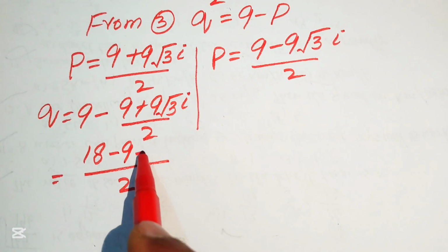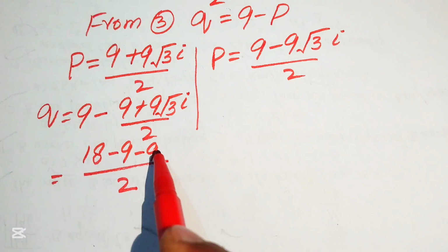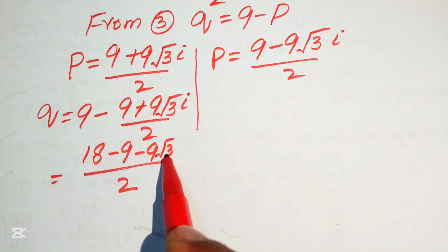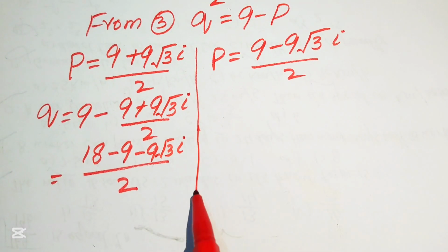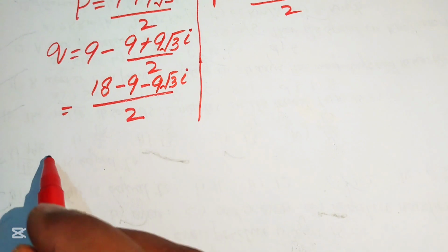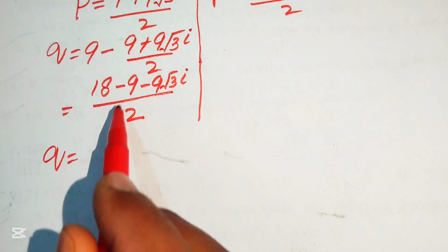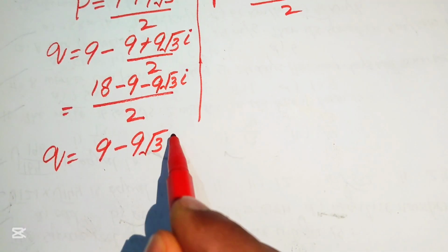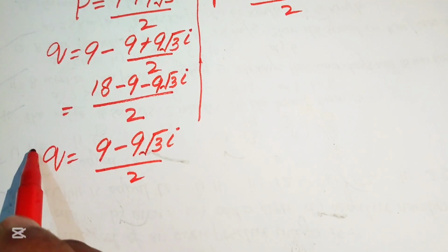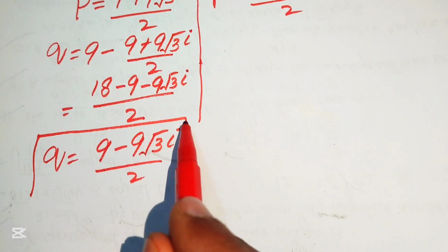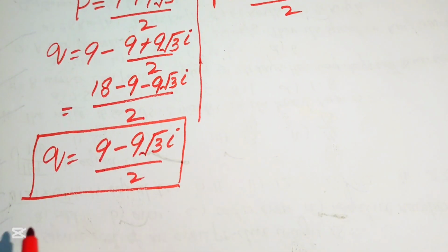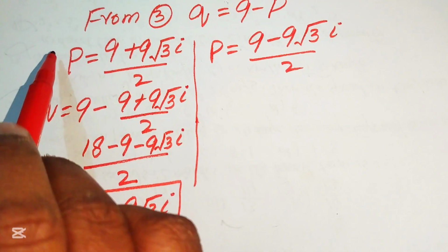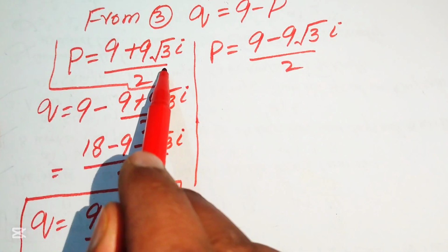It will be written as −9 − 9√3 i. So we write q = (18 − 9 − 9√3 i)/2, which is (9 − 9√3 i)/2. This is the value of q corresponding to this value of p.